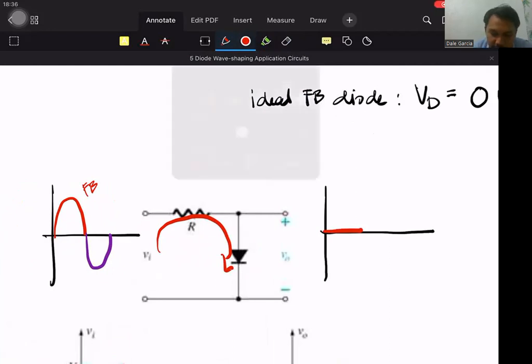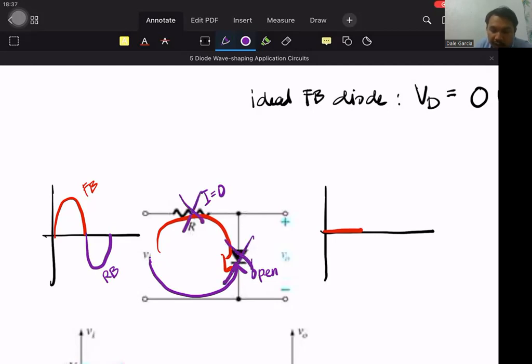During the negative half cycle, the diode is, of course, reverse biased. And if reverse biased, it is open. If open, no current will flow in the resistor, I equals 0. So what will VO measure? The diode is non-existent, the resistor is non-existent.